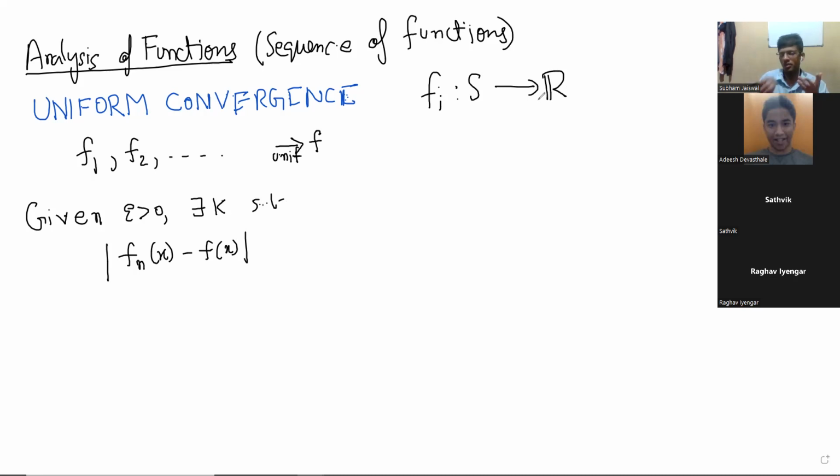The definition can be made for any subset, whether it will be interesting or not. This holds for all n bigger than or equal to k and for all x. And that's the reason why we use the word uniform. It's uniform for all x.